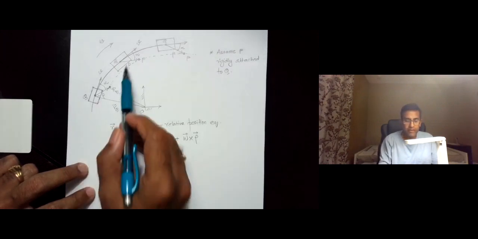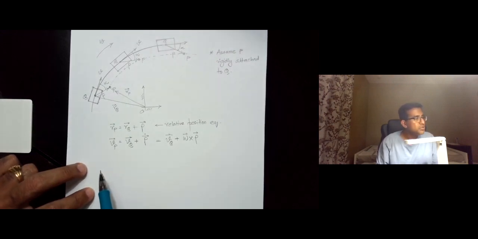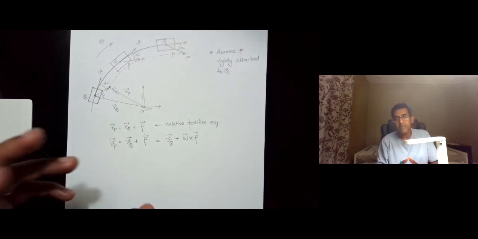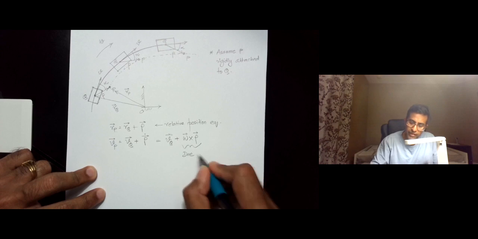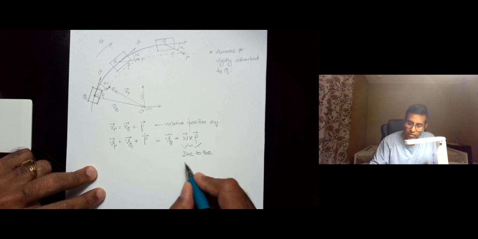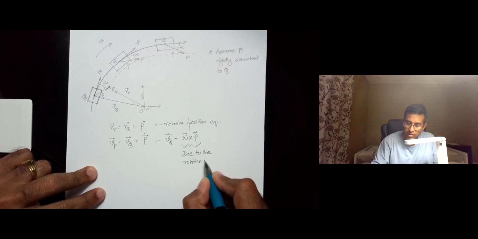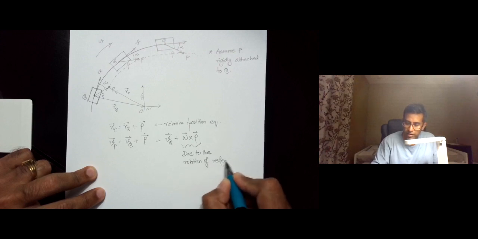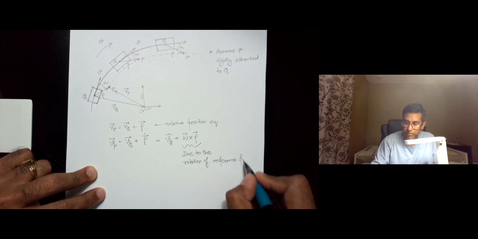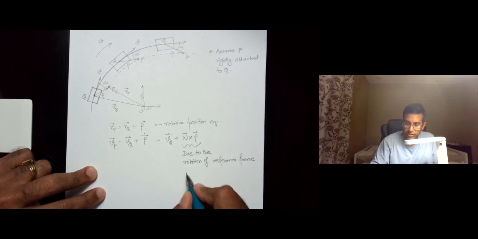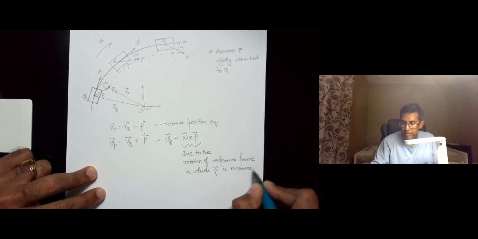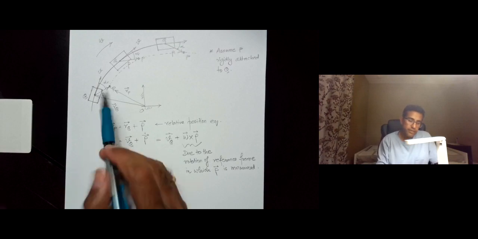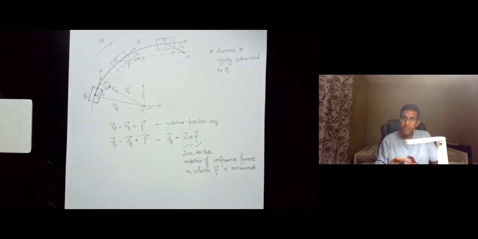So the rho vector is turning by virtue of the fact that the reference frame in which rho is measured is rotating. So this rho is being measured within the car's reference.